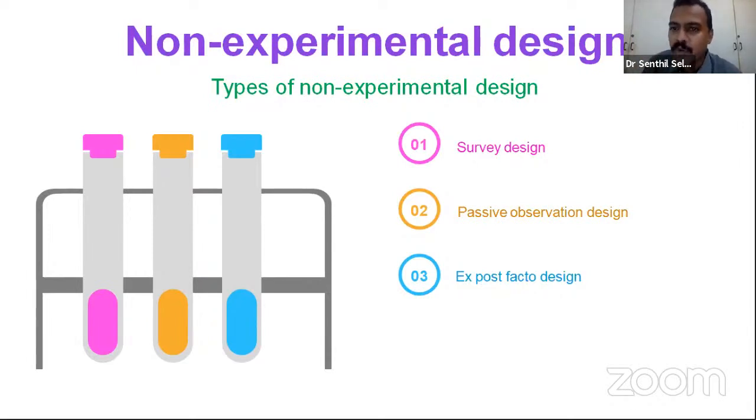You are just observing. You are not giving any treatment. You are just observing the nature of the condition. You are just observing a gait. You are just observing the posture. You are just observing the power grip. So this type of study is called as non-experimental or observational. So the examples are survey design, passive observational design, and ex post facto design.